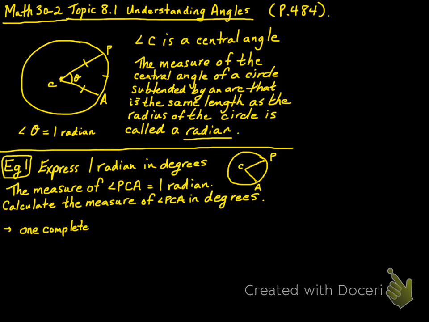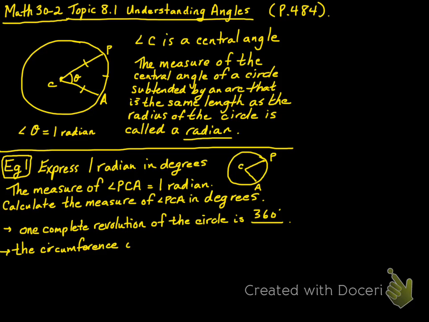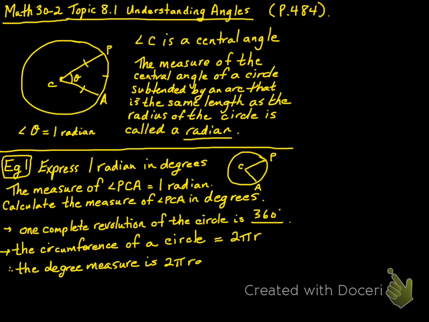If we compare the circumference, one complete revolution of the circle is going to be 360 degrees. The circumference of a circle is 2 pi r. And the degree is going to be 2 pi radians.